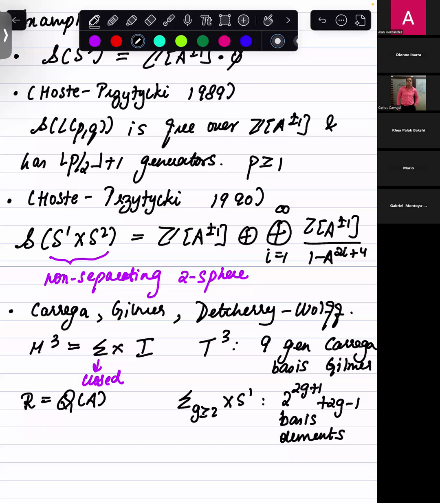So your Skein module essentially has no torsion, and in that case, they are able to find the exact list of generators, and they're actually linearly independent, so they have dimensions. So the dimension of the Skein module is 2 raised to 2g plus 1 plus 2g minus 1 when you work over the field of rationals.